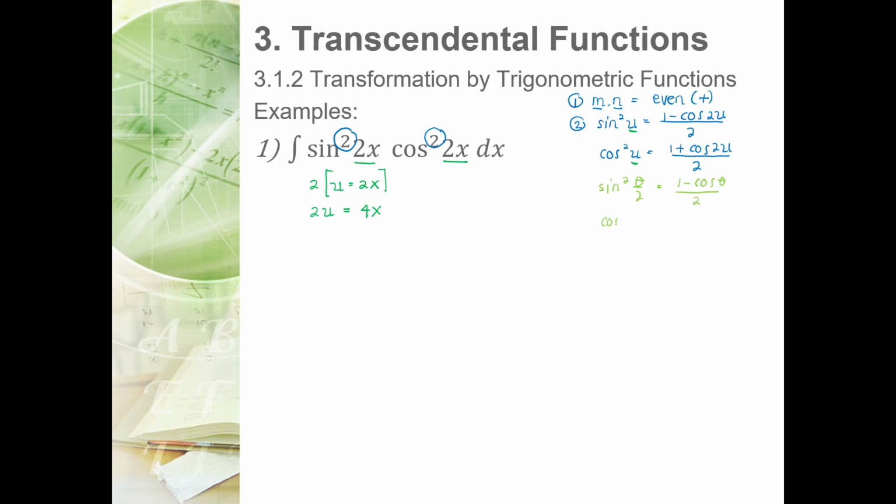Then the other one is cosine squared theta over 2 is equal to 1 plus cosine theta over 2.